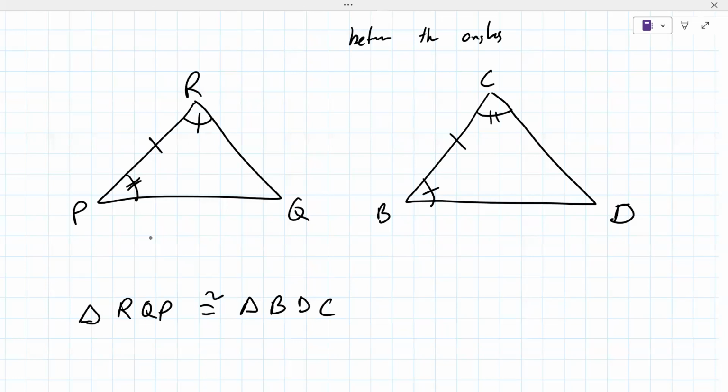All right, and the last one is angle, angle, side. This one is used often, but it's also not all that common. Let me try to get one here where I can... these are terrible.